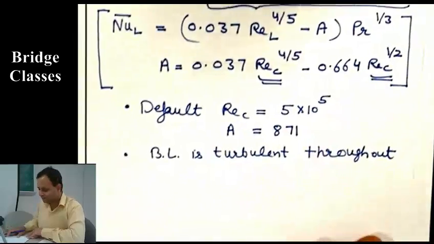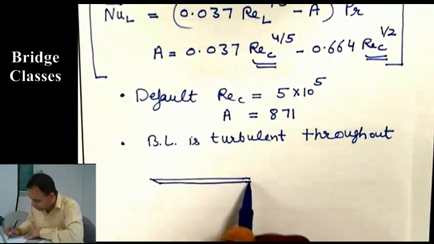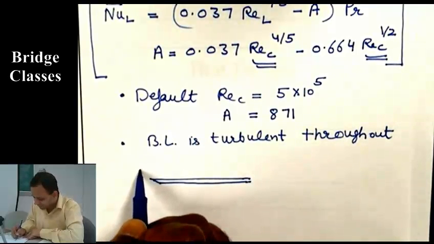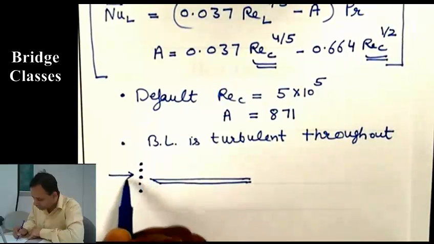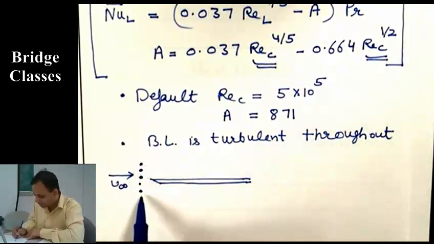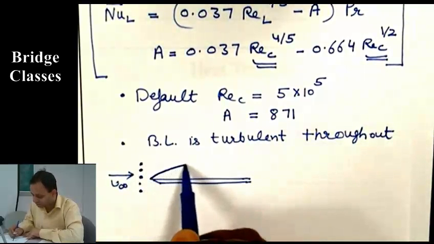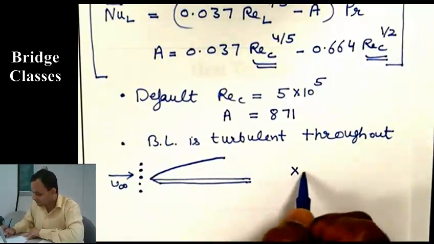A special case is if the boundary layer is turbulent throughout. So you have, say, flow over a flat plate, and let us say you have some wires here. When fluid flows over these wires, these introduce turbulence, and it is possible that the boundary layer is turbulent right from the beginning. So in this case, what is XC?